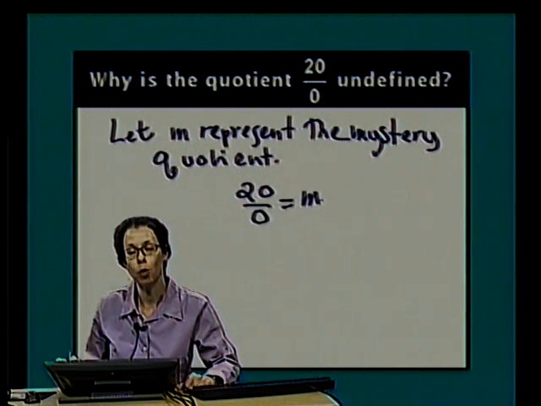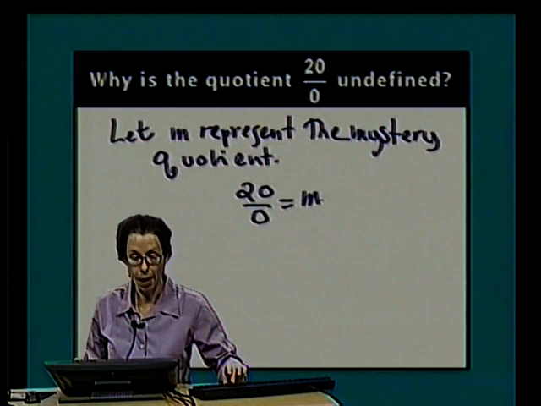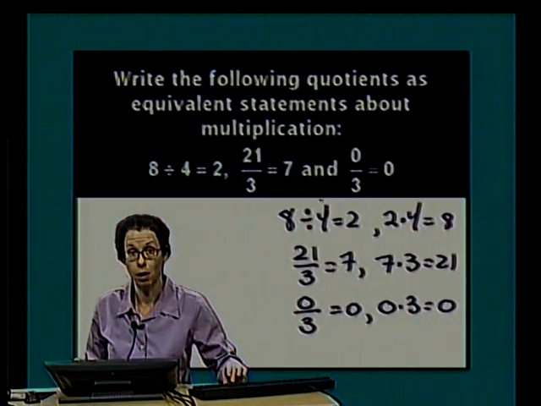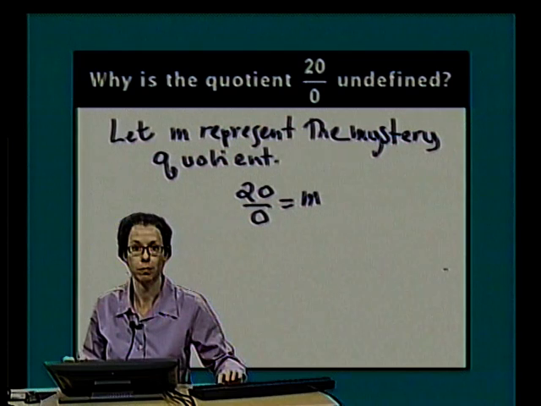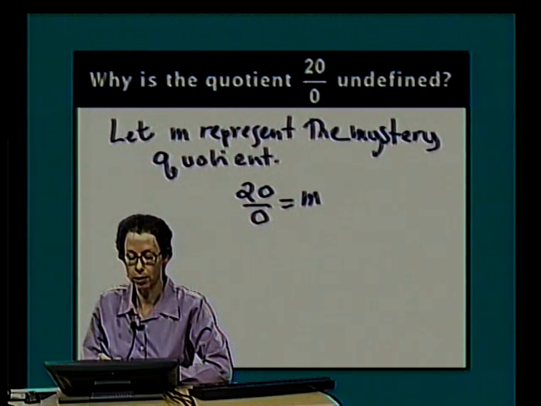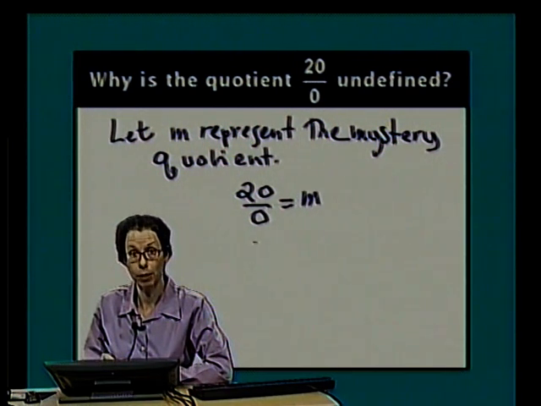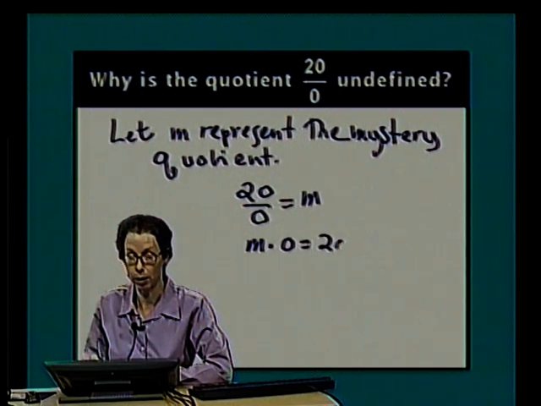So what would the equivalence statement about multiplication be? Well, if we look back at the previous slide, we see that if we had 21 divided by 3 equals 7, that meant 7 times 3 equals 21. So 20 over 0 equals m would be equivalent to m times 0 equals 20.